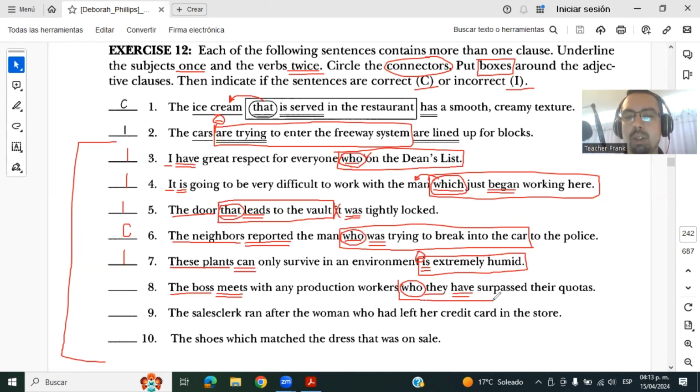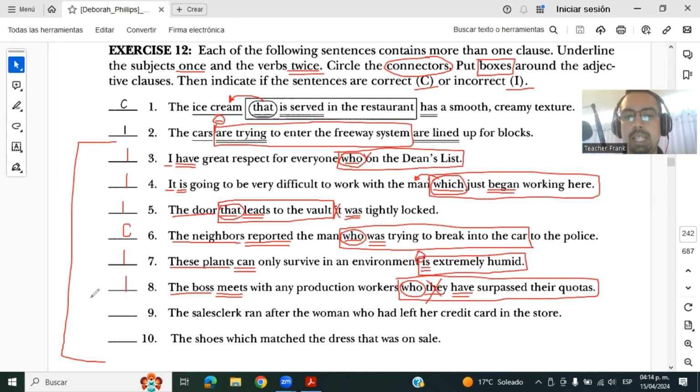This clause is describing the workers, right? So everything is so far so good. But again, we have an extra subject, right? "Who they have" is just off. So we're supposed to eliminate "they" in this case. Extra subject, omit "they," "who have surpassed," right? Because we already know we're referring to the production workers. So this one's going to be incorrect.